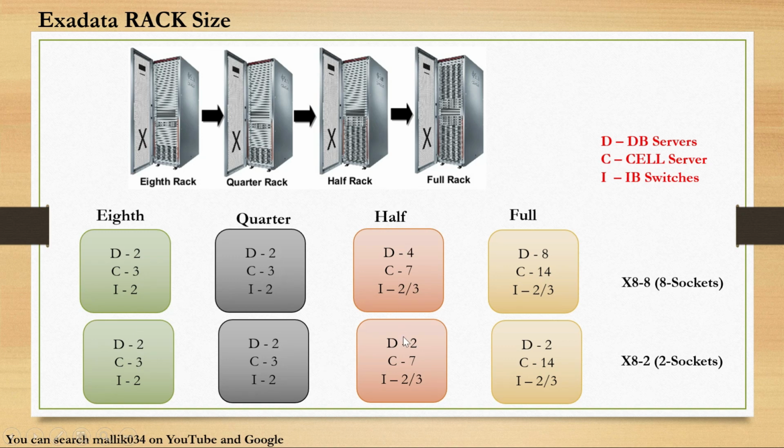And coming to the half rack, the difference is that I can see 4 DB nodes in 8 socket, and in 2 socket I can see 2 DB nodes. Coming to the full rack, in 8 socket I can see 8 DB nodes, and in 2 socket I can see 2 DB nodes. So only the DB node count changes between 8 socket and 2 socket. The rest, like IB switches and storage servers, are the same.